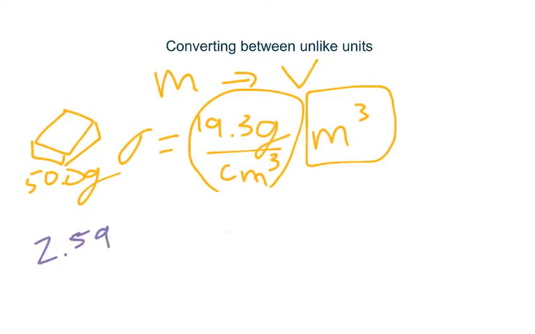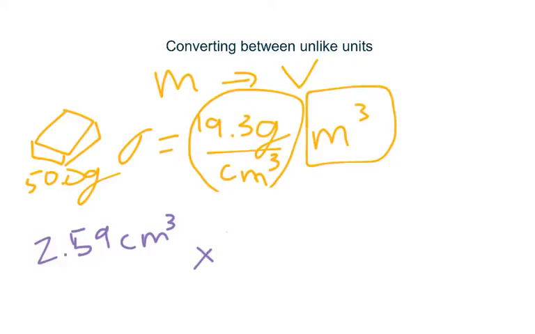We know how to convert between meters and centimeters, but the cubic form, I don't think we've ever learned that before. Well, that's fine. Let's try to figure this out.